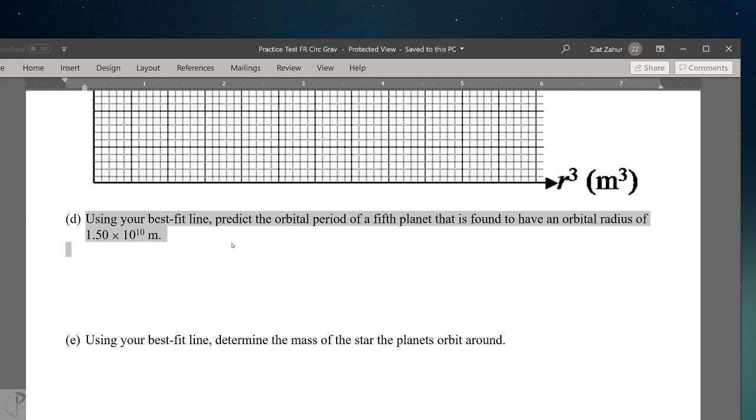So I can plug in any r and figure out what the t should be. So t is equal to the square root of 4 pi squared over capital G capital M times r cubed.